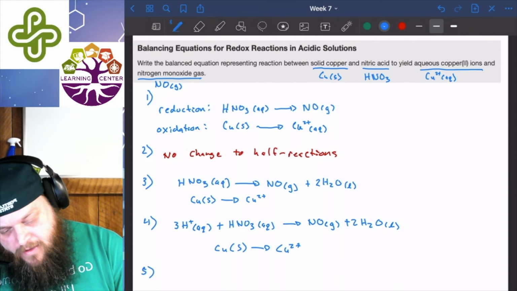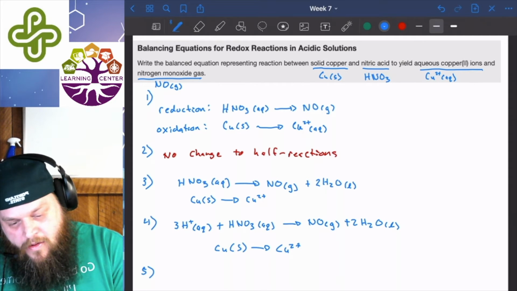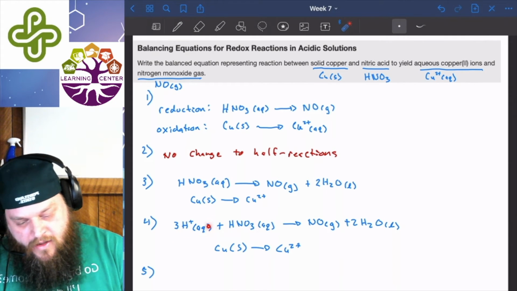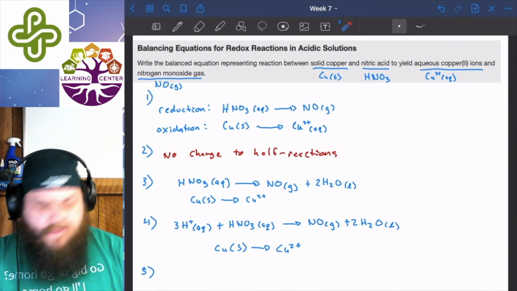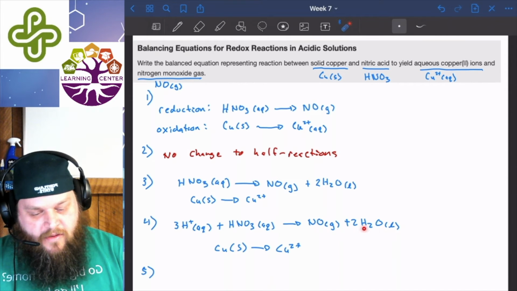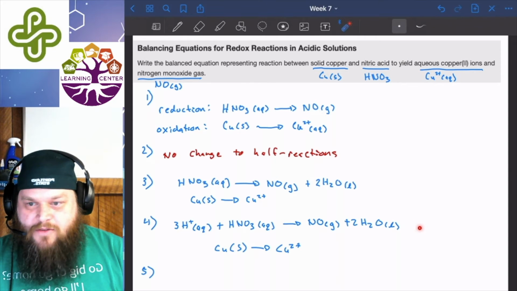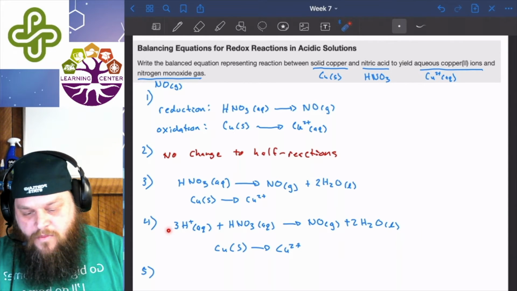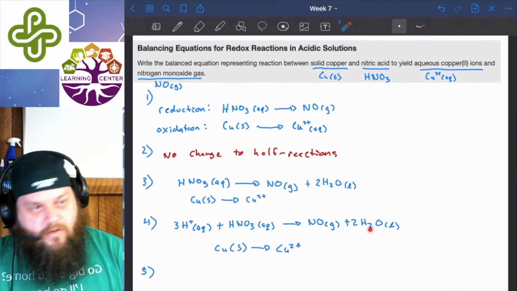So for step 5, we're balancing the charge. The charge for this top equation on this side is 3+, because we have 3 positively charged hydrogens. This compound is neutral at this point, this compound is neutral, and water is neutral. So we need to add 3 electrons on this side to make it neutral like the right side.